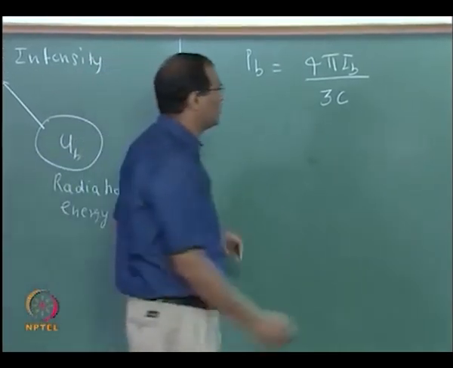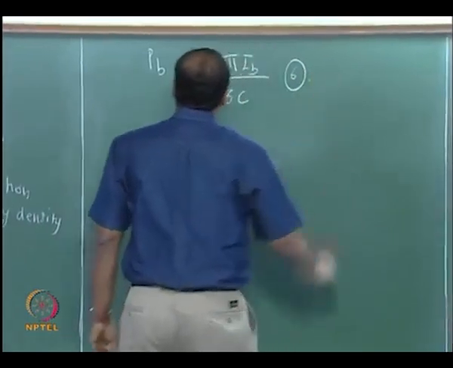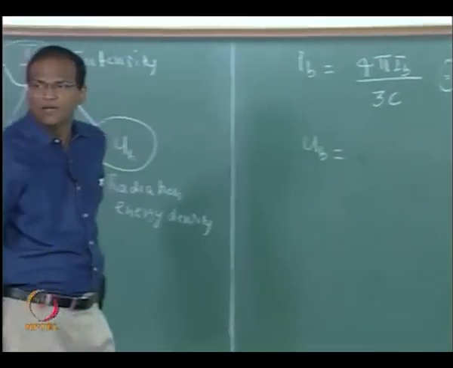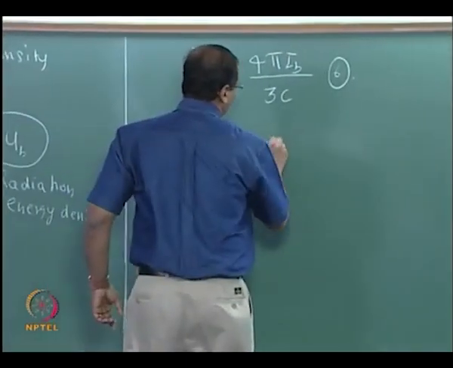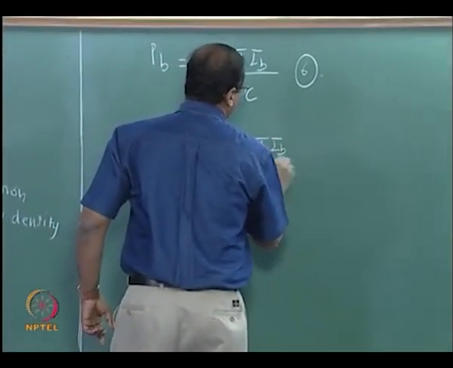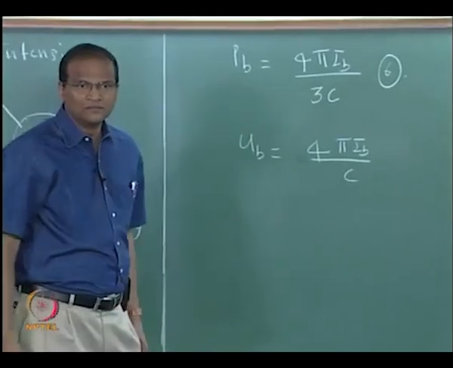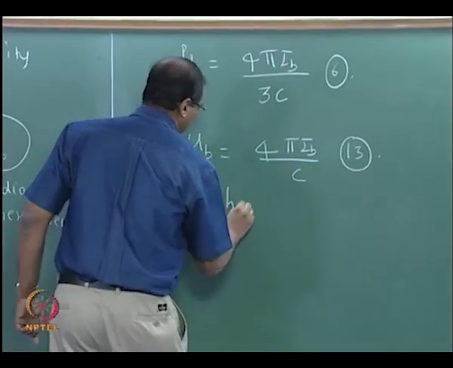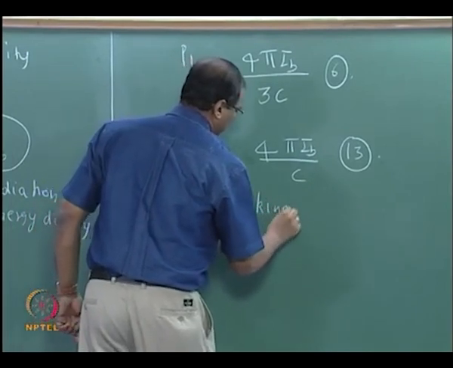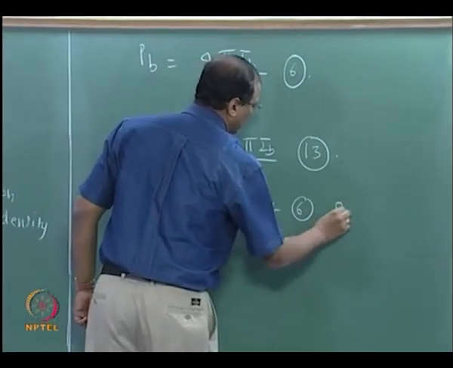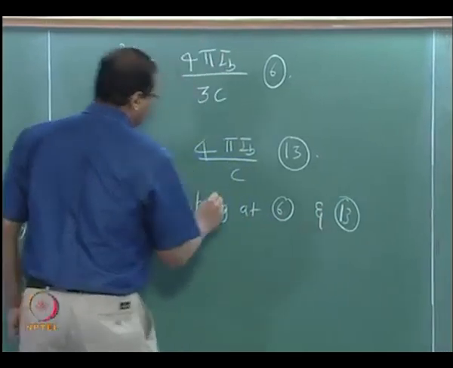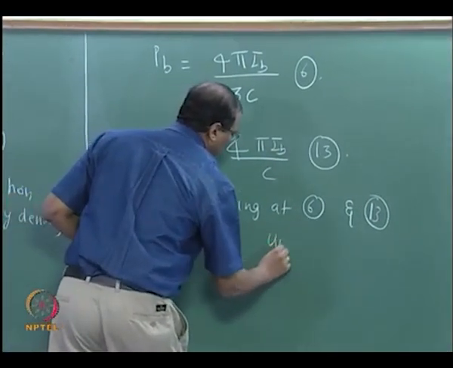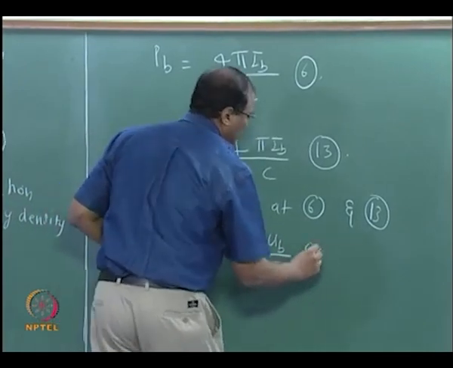This was equation 6, we will continue with 6. We also saw that U_B was 4 pi I_B by c, this was equation 13. So looking at 6 and 13.